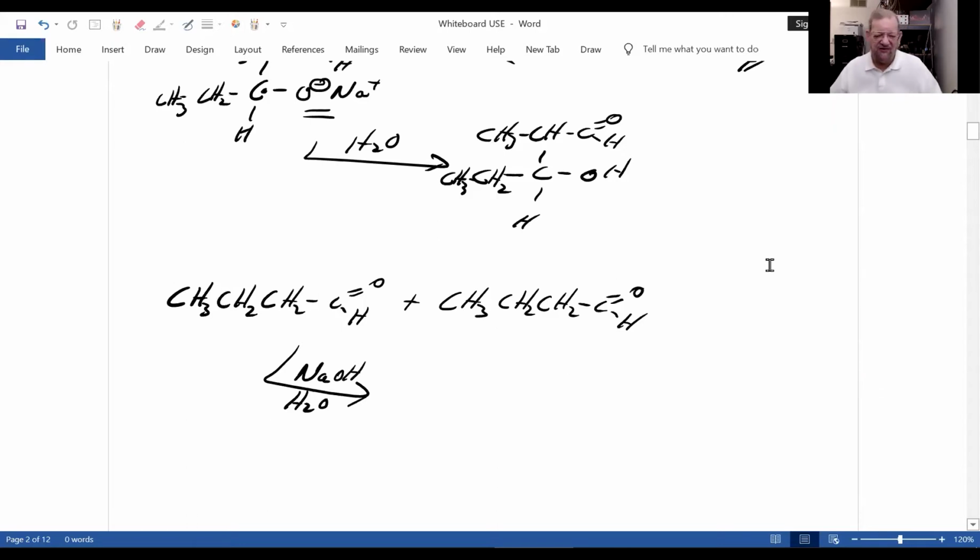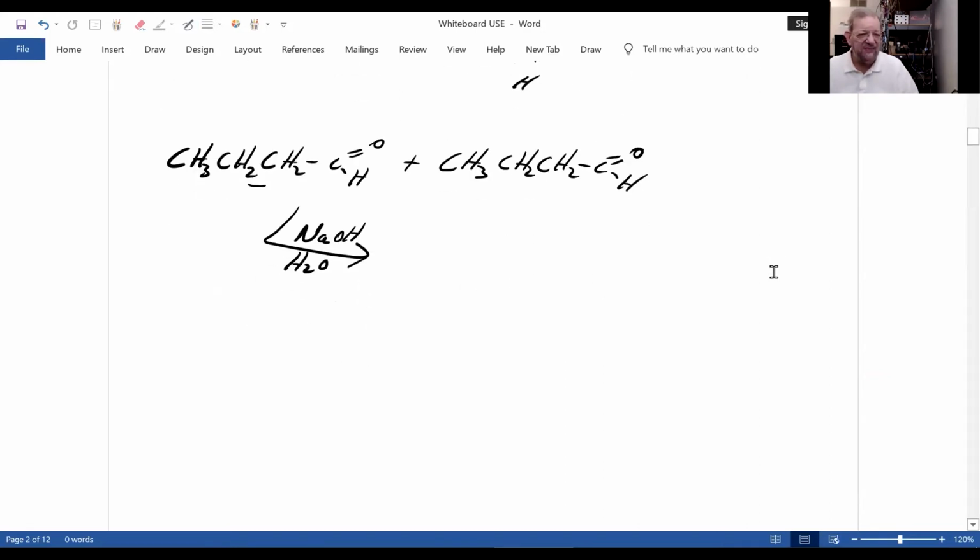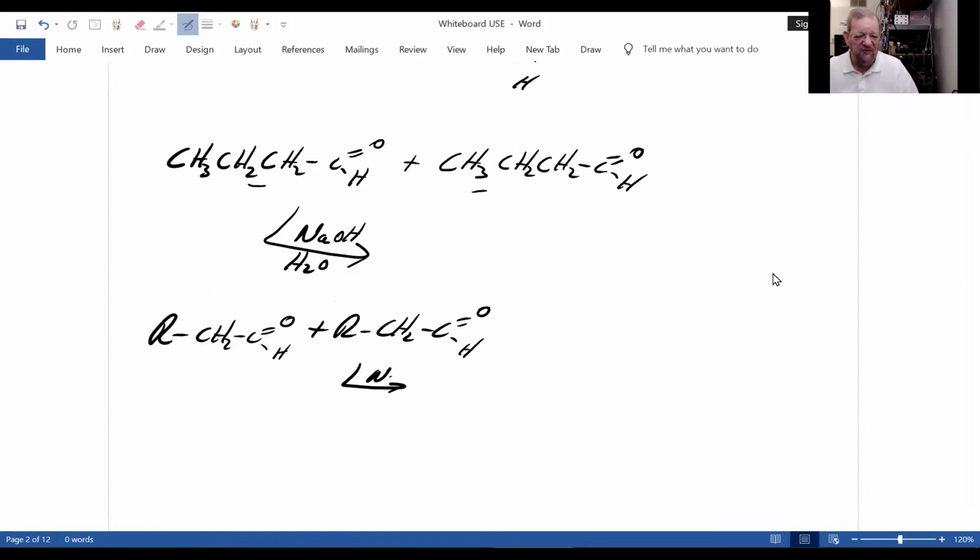All right, let's do this. And the question is, what's the organic product or products you would get? And you look at this and say, oh, look, here's an aldehyde. It's the same aldehyde again. And we're reacting it with base and water.